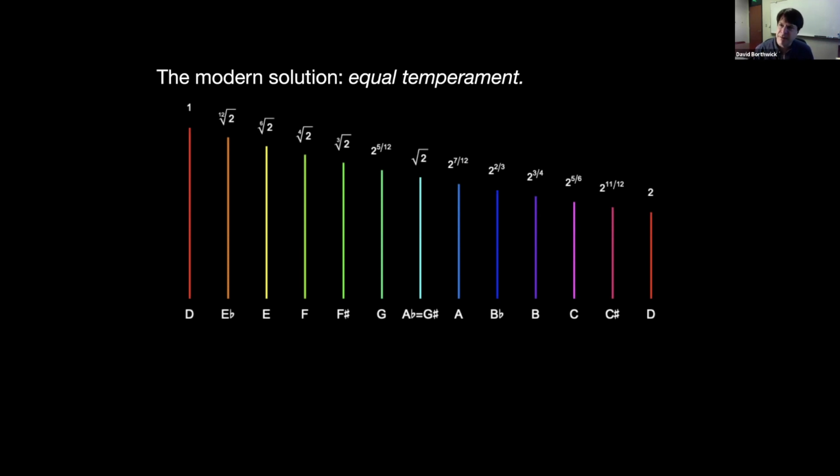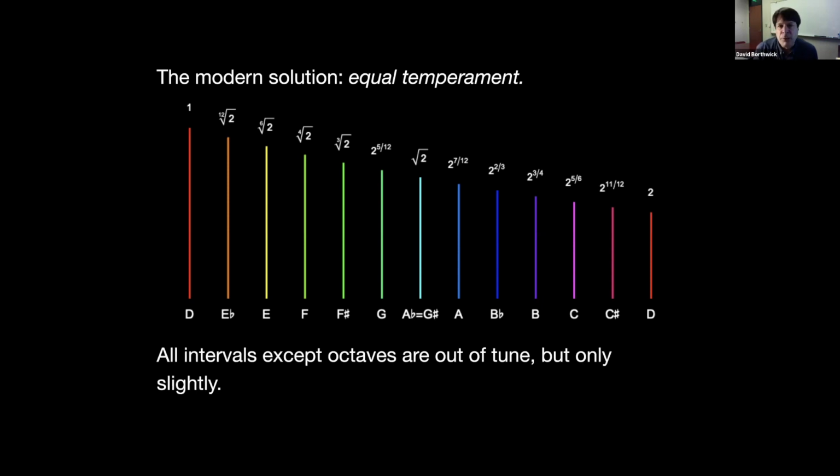So in some sense, it spoils what the well-tempered system does. It makes the keys all essentially identical. But on the other hand, it allows a lot more freedom for us to sound okay after modulating from one key to a different one. So in equal temperament, we actually make all of the intervals that aren't octaves out of tune, which sounds like a bad idea, except it's only slight.